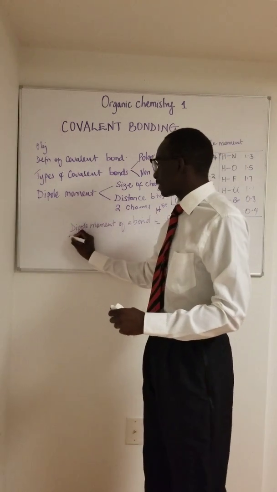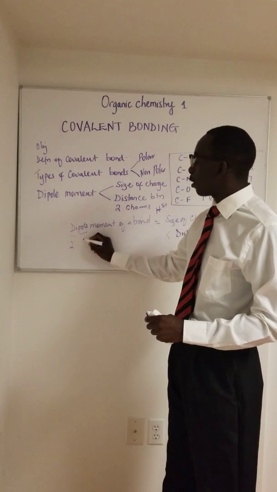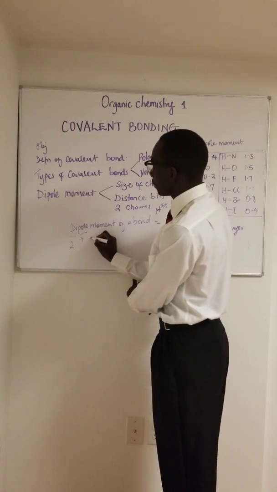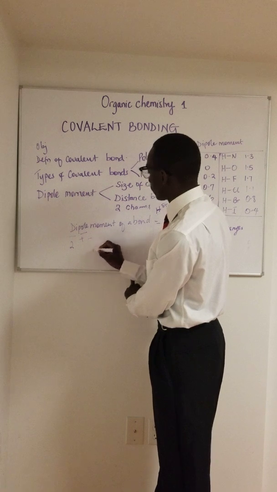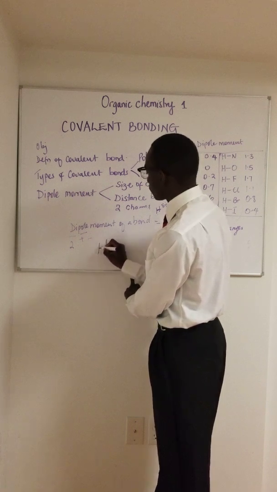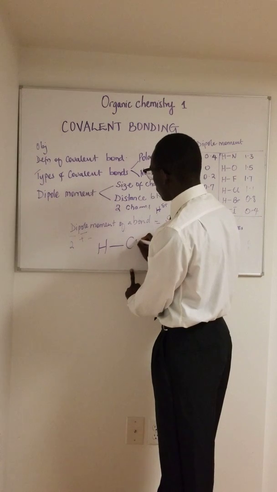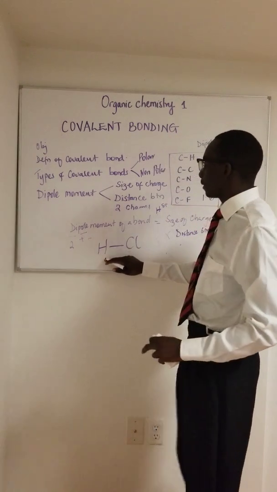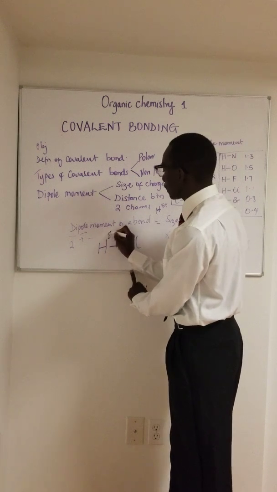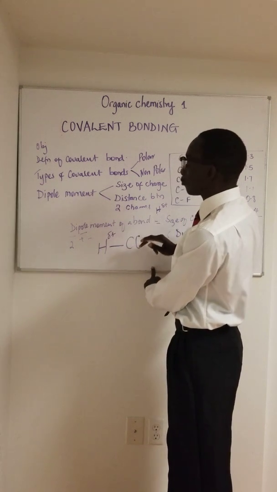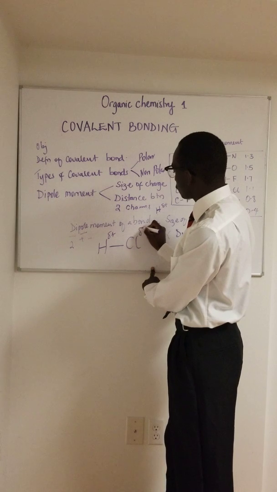From the word di, it means two, right? And then pole means either positive or negative. So it means that you have two elements, like for example hydrogen and chlorine. These two elements have two poles. Hydrogen is partially positive because chlorine is more electronegative. It pulls the electrons towards itself.